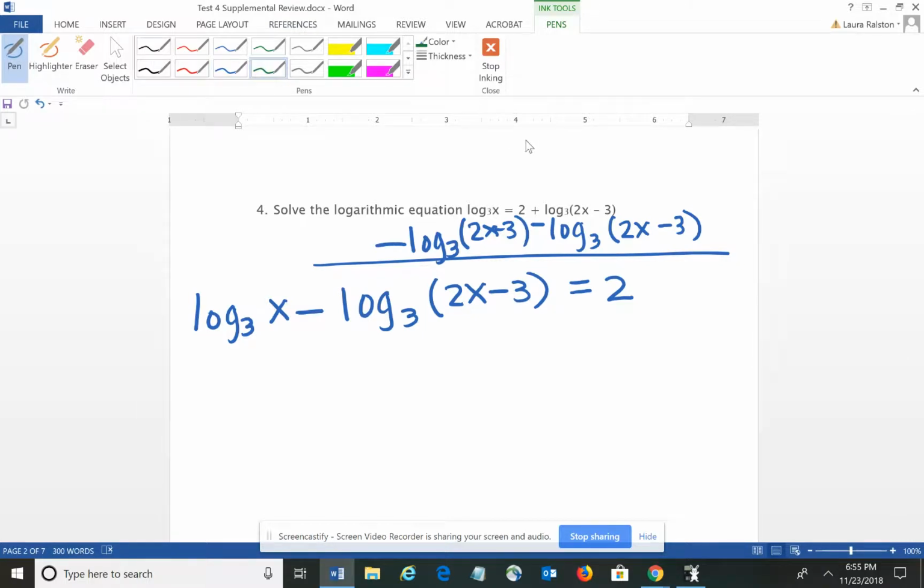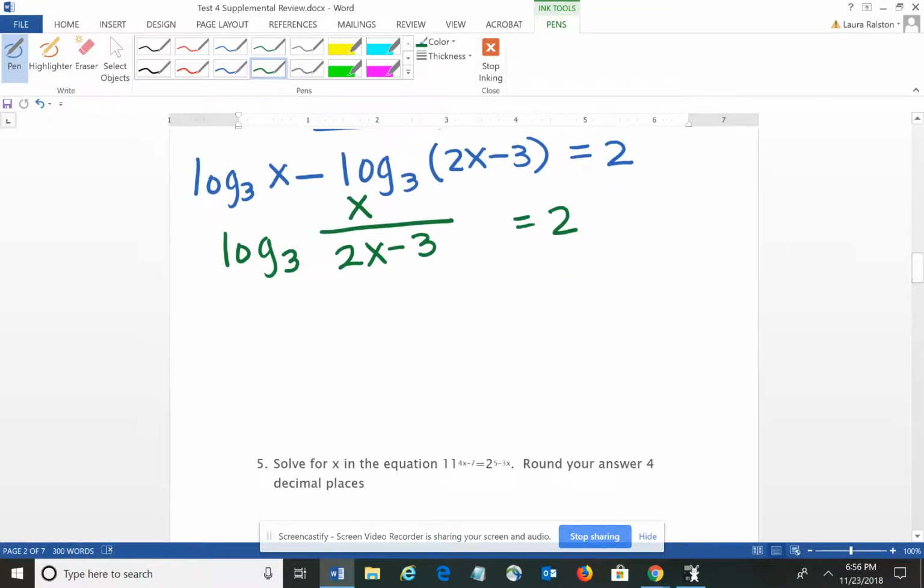Then I'm going to use the properties of logarithms, and I have a subtraction problem. Subtraction is rewritten as division, so we have log base 3 of x divided by 2x minus 3, and that's equal to 2. Then I want to eliminate the log base 3, and I do that by raising each side to a base of 3.